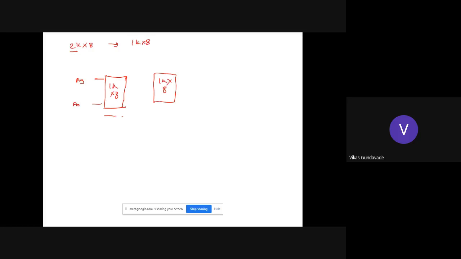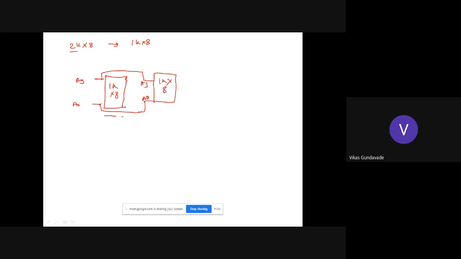These lines will be common for both the memory chips, because here we are increasing the number of pages. The word size, or the number of lines on each page, will not increase, but the number of pages in the book will. So A0 to A9 will be common for these two.